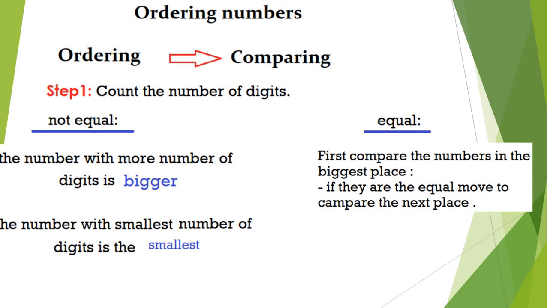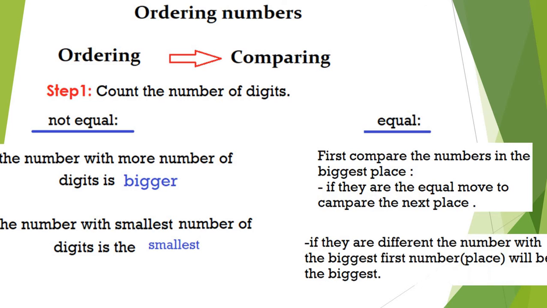First, we need to compare the numbers in the biggest place. So if they are all equal in number of digits, you have to look at the biggest place in each number. If they are equal, we have to move to the next place and compare the next digits.